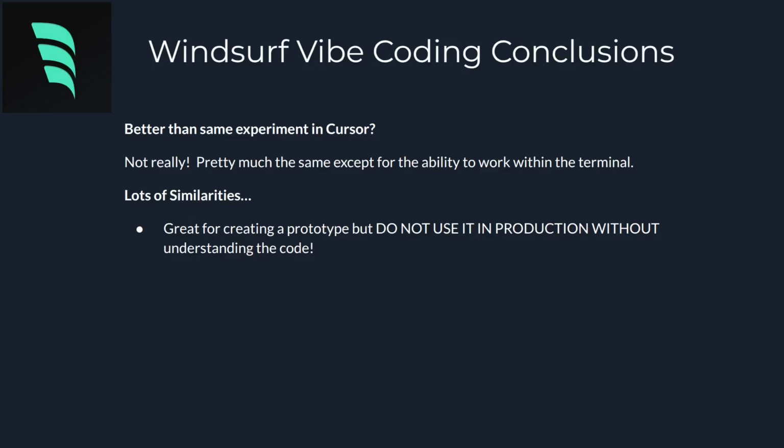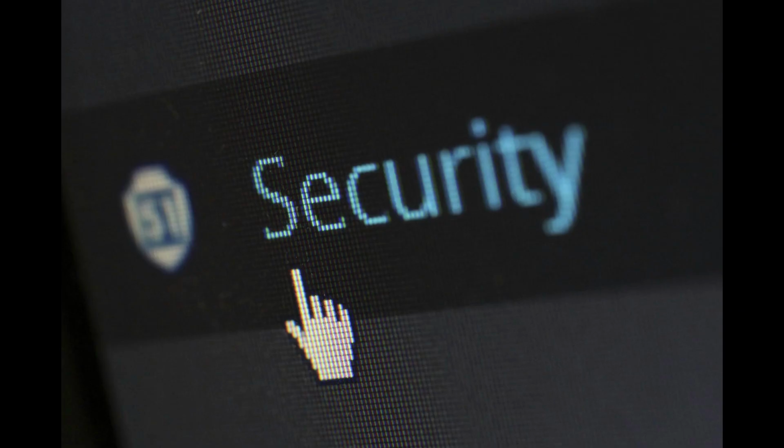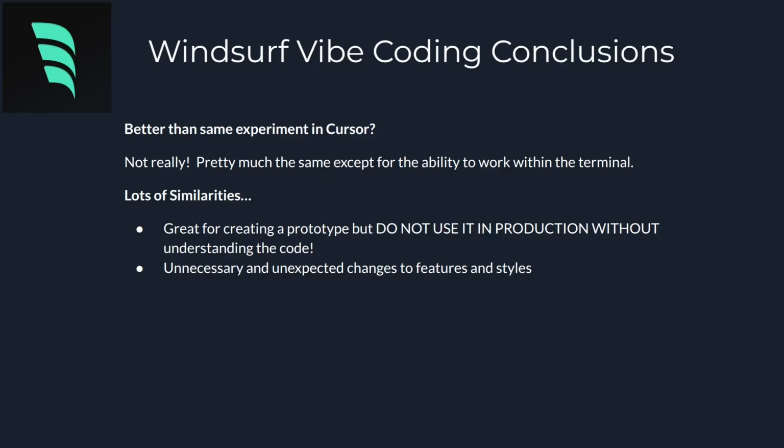As you saw in these videos, it makes changes to code that used to work, changes not just to styles, changes to functionality, and who knows what it's doing to any code that you might think was secure. It makes unnecessary and unexpected changes to features and styles. Don't assume that anything works. Never make any assumption.